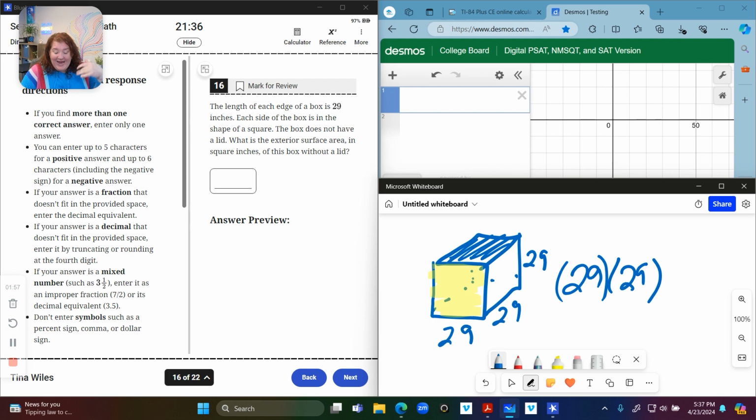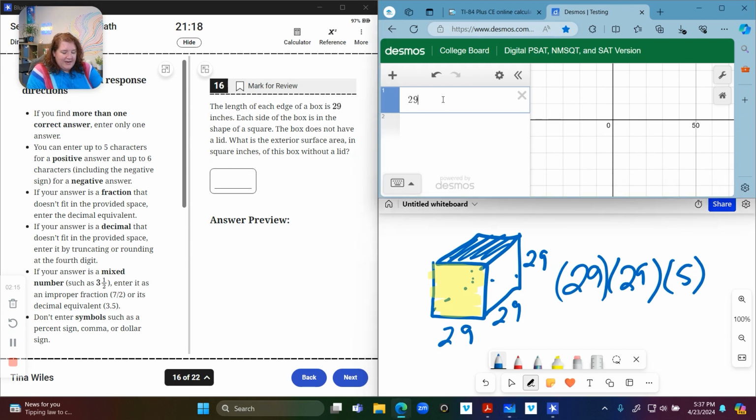And then I have 5 squares because I have the one in front, the one in the back, the 2 sides, and the bottom. I don't have the top because it's open. It doesn't have a lid. So I have 5 sides. So I'm going to do 29 times 5. And that is your answer, 205.